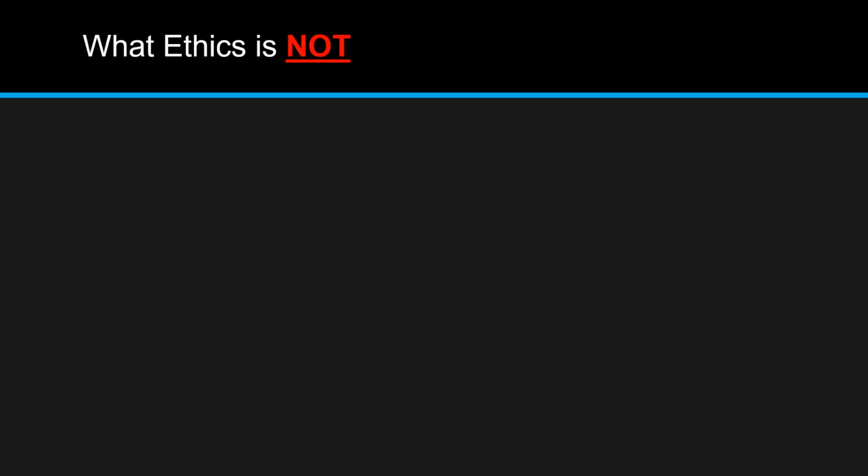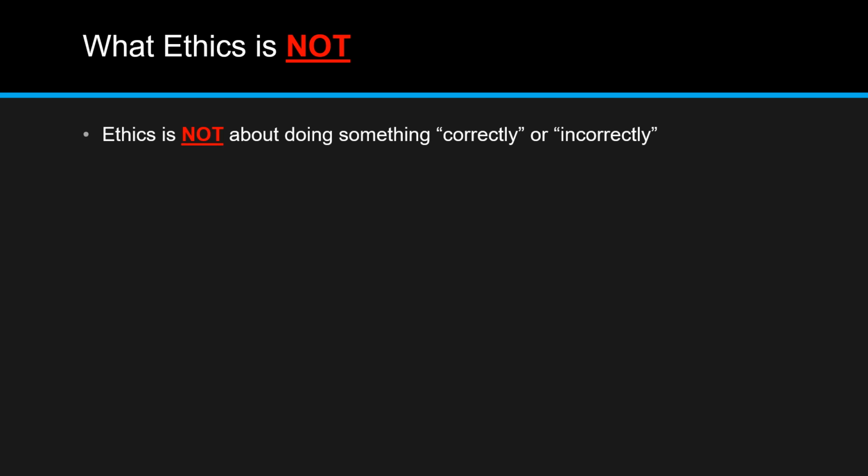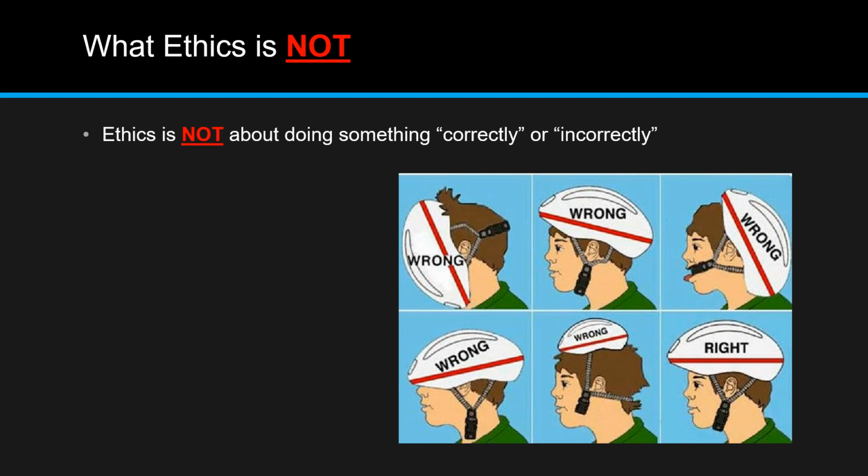We've talked about what ethics is, and I also want to cover what it is not so that there is no confusion. Ethics is not about doing something correctly or incorrectly. This is not what we mean by right and wrong. For example, this image shows a young boy wearing a helmet. You can see that there are a lot of wrong ways to wear a helmet, but only one right way.